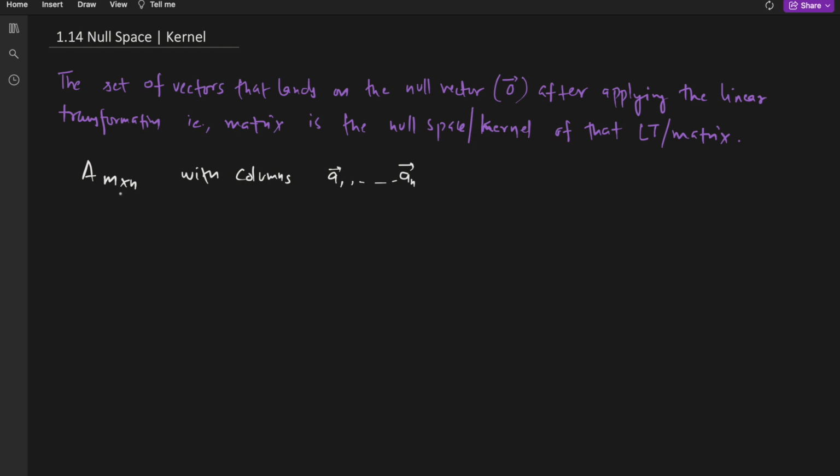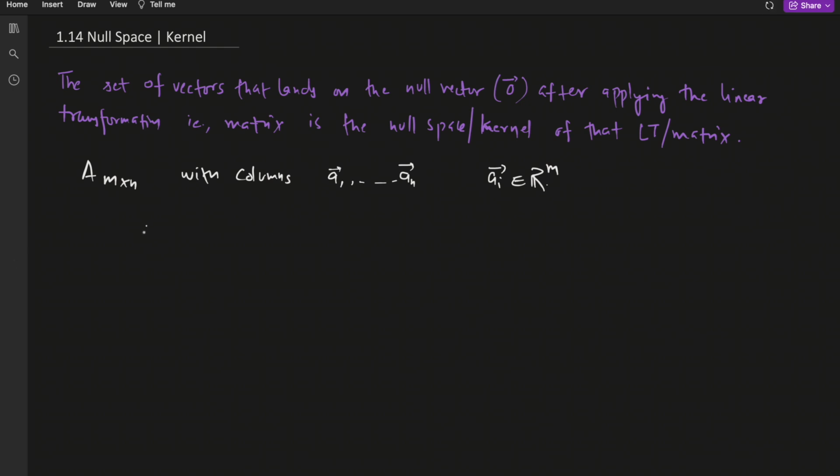Because this is an m cross n matrix, there will be n columns, right? So these n columns are a1 up to an, and all the n columns ai will belong to Rm, right? Because it's an m cross n matrix, so there are n columns. Each column vector belongs to Rm.